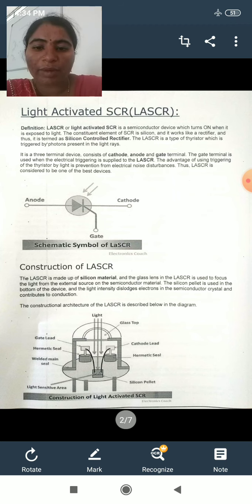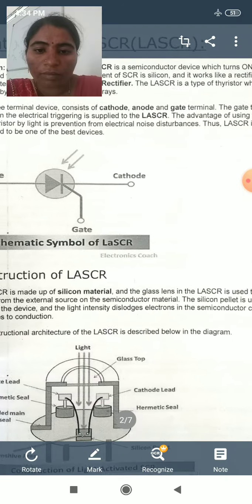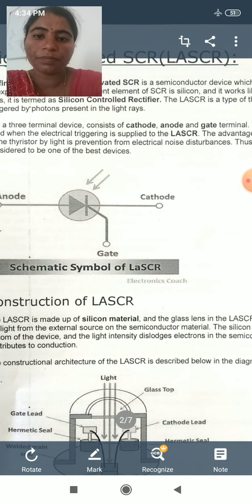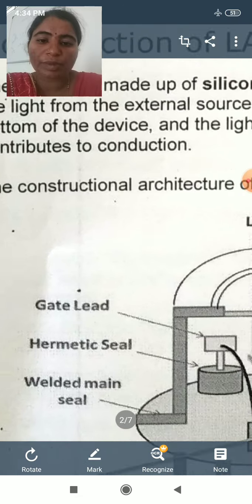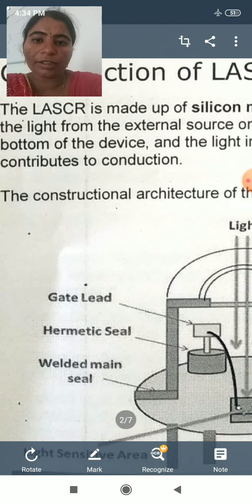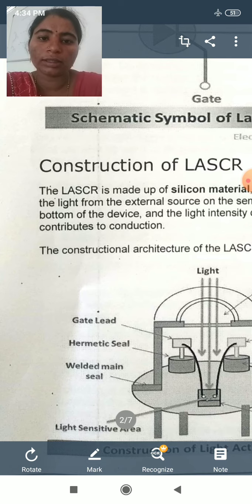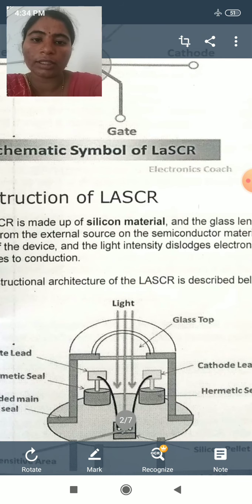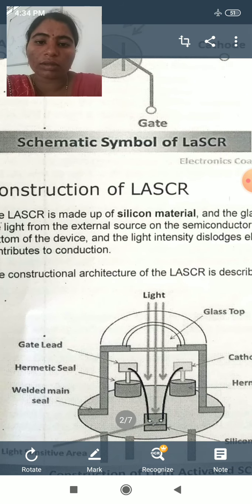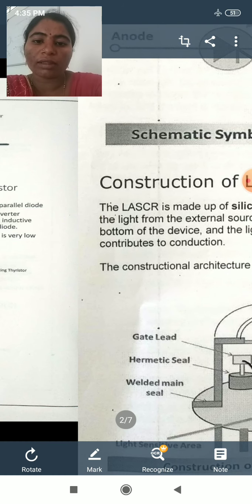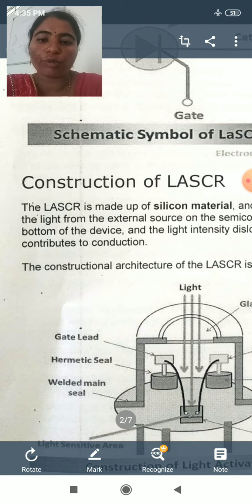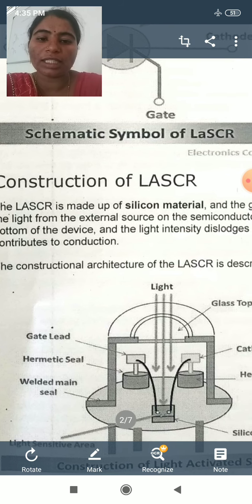Here the construction diagram is made of silicon material, as shown in the figure, and the upper cover is made of a glass lens, so that when we insert the light it can be easily inserted.